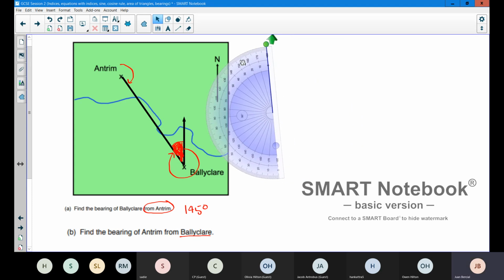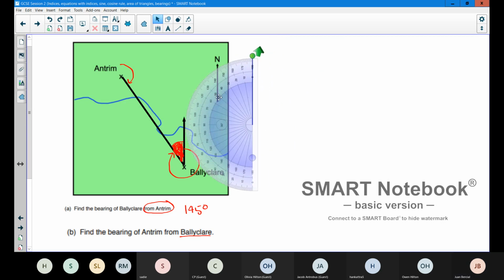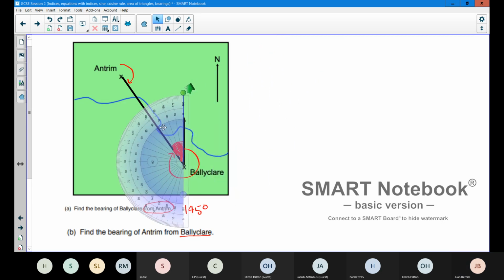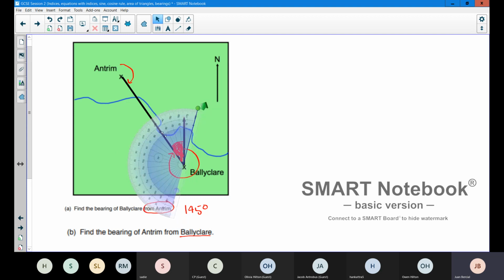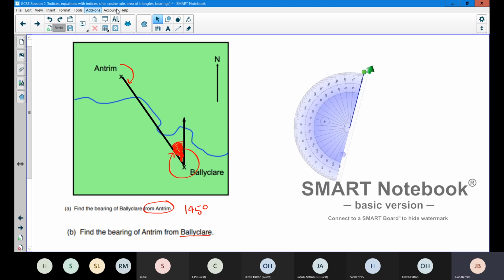So remember, we're starting from 0, 10, 20, 30, 35. So this angle inside there is 35.